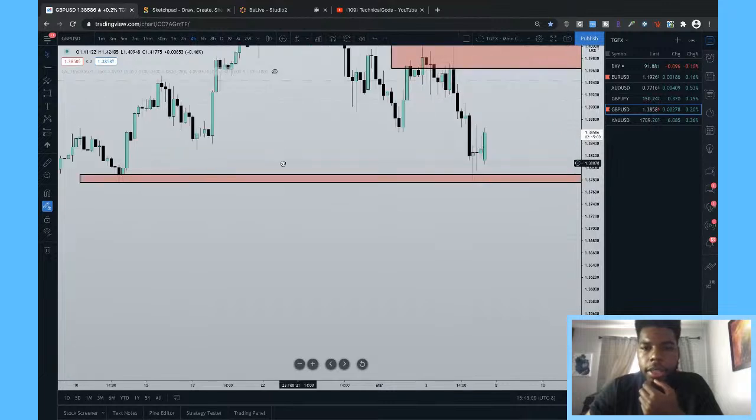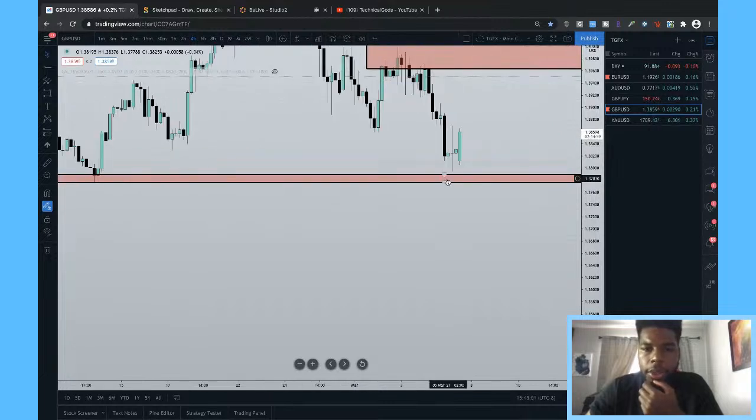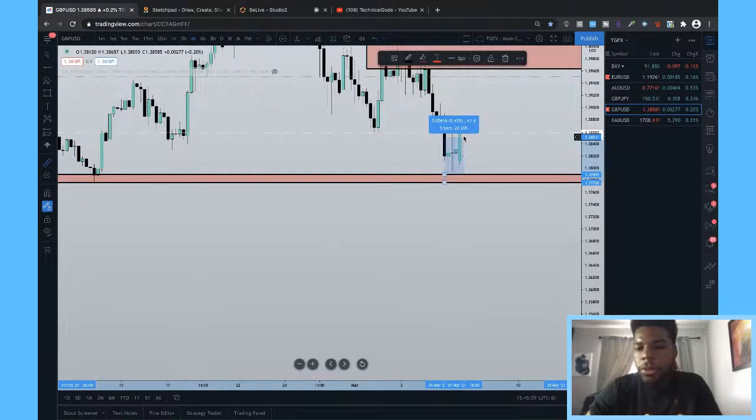You know what I mean? You could have caught this reaction point off of here, off of the lower time frames, and you could have already been floating like 60 pips, and potentially up to this daily zone again is around, what is that? I think like 200 pips.